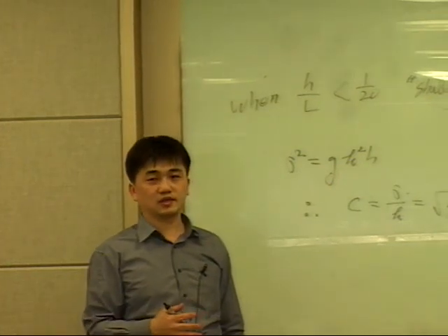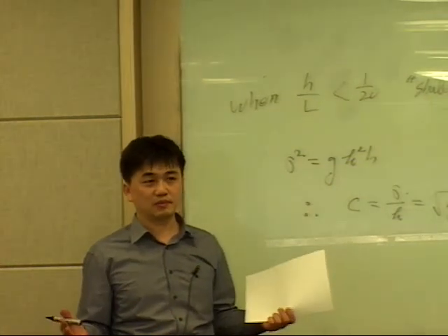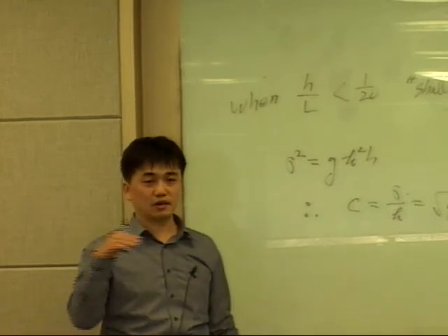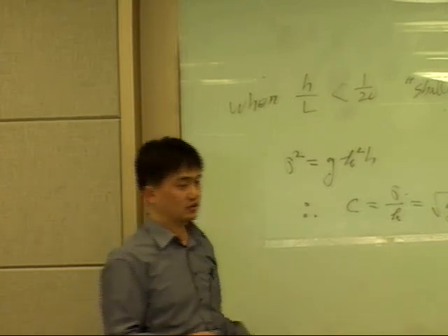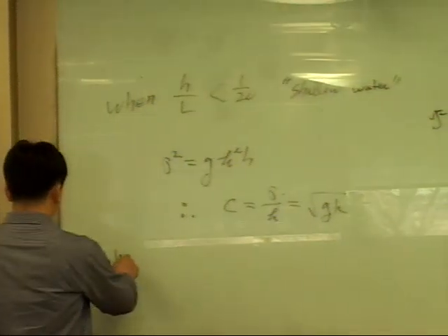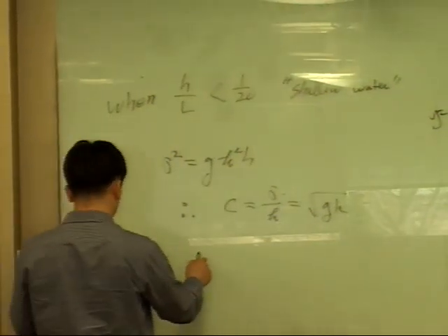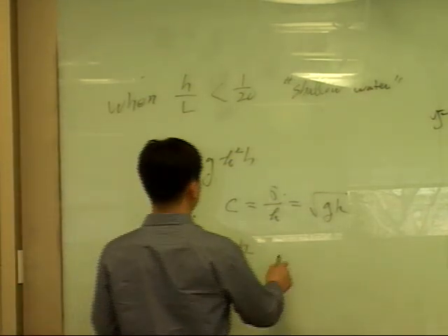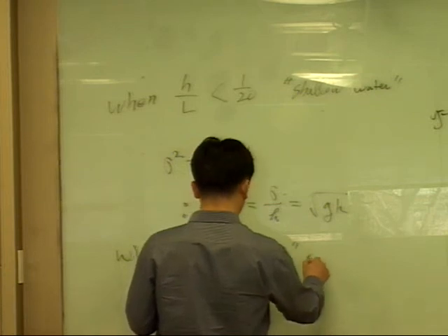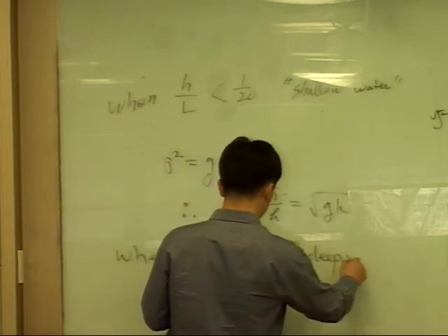When the water depth is very deep, for deep water, our wave speed is going to be faster. And when h over L is more than 2, this is the deep water case.